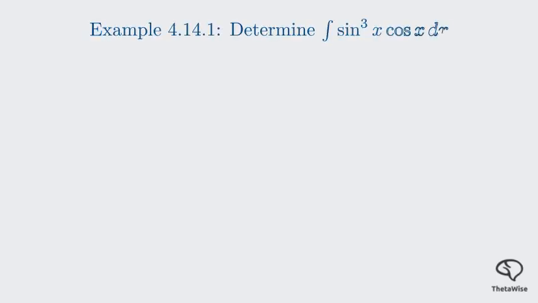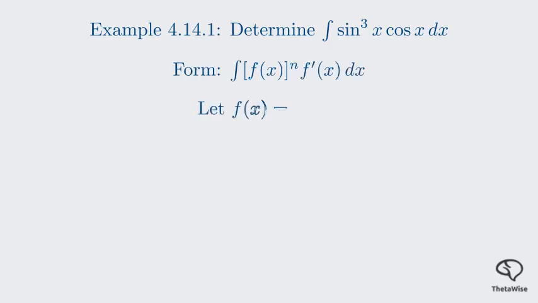Our first product of powers example is a simple one that can be solved by inspection. We need to determine the integral of sine cubed x times cosine x. This integral is in a special form, f of x to the power n times f prime of x. In our integral, if we let f of x equal sine x, then the derivative f prime of x is cosine x.